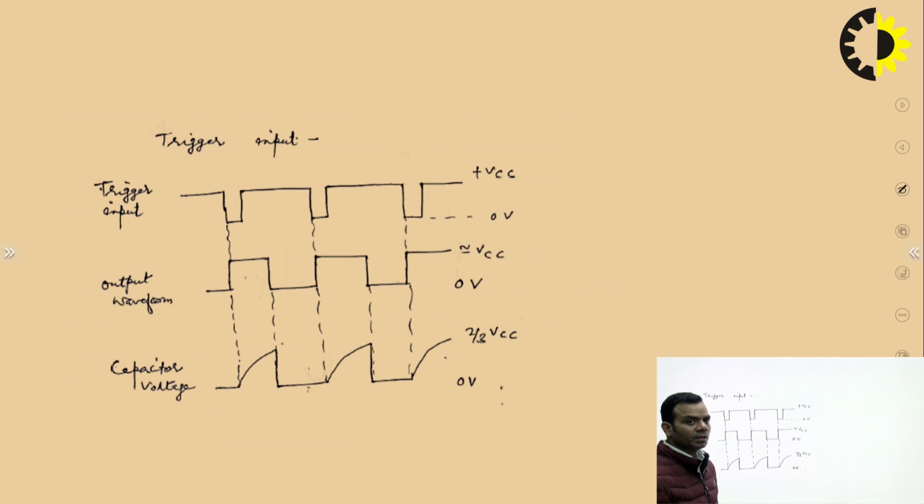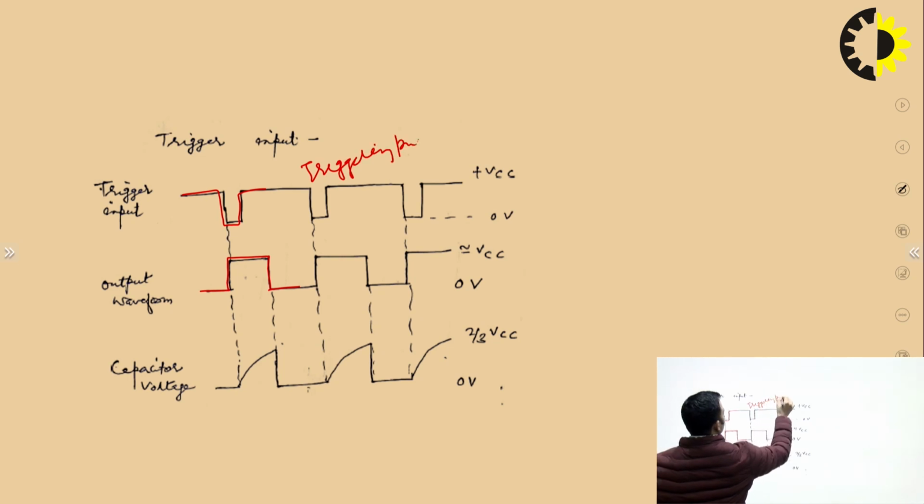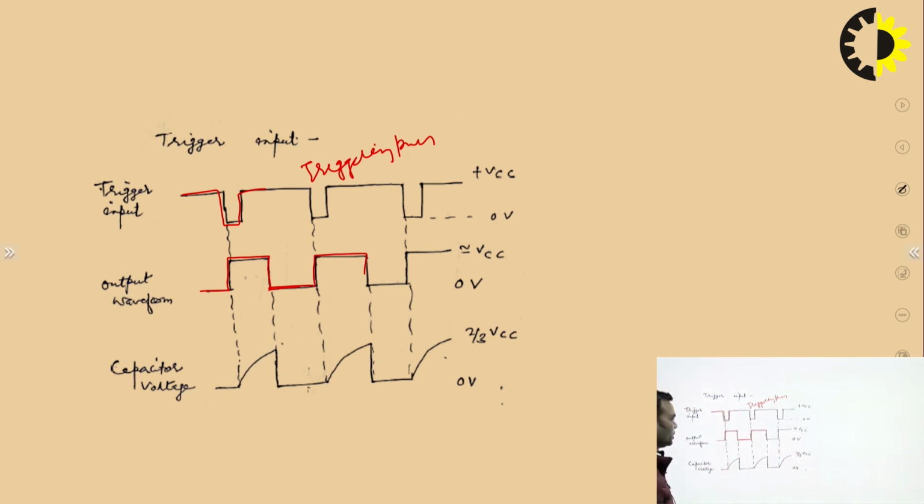This is the working of the multi-vibrator circuit. See, whenever you apply the triggering pulse, only after that does the output change, and again it will come back to the original state. And whenever you apply the next triggering pulse, only then will its output change for some duration, and again it will come back to the original position.